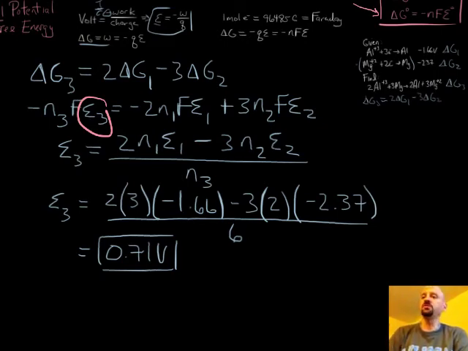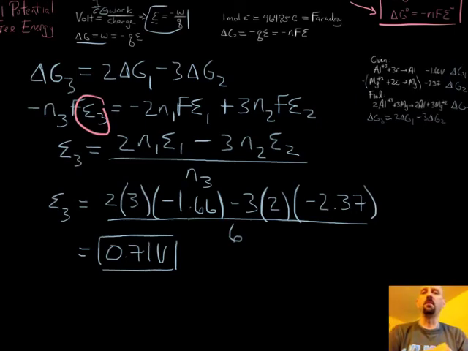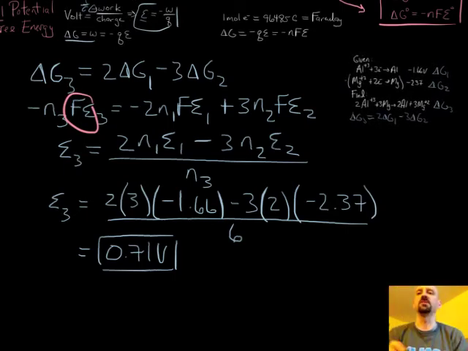So E3 is going to be twice the delta G term. Now, N1 are the moles of electrons that are exchanged in the first equation. And if you look back up here at our problem, you see that our moles of electrons that are transported are 3, right? I have 3 moles of electrons up there.